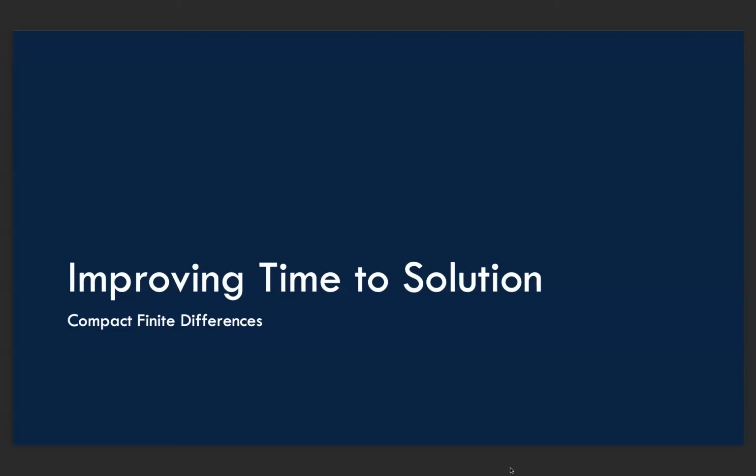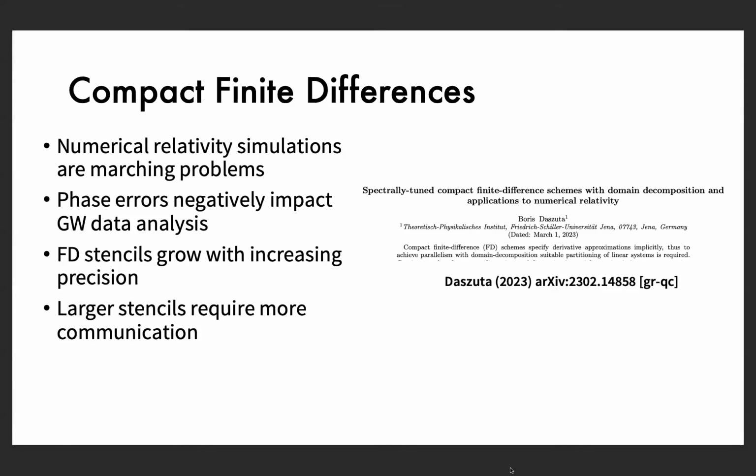Another thing that I'm having fun thinking about is how we improve the precision given the difficulties of doing communication and all of those things. We know that at the end of the day, it's the error budget, and often the phase error of the gravitational waveform, that is one of the most important things if we want to use our waveforms for data analysis.